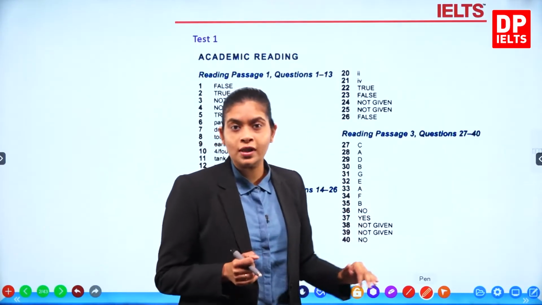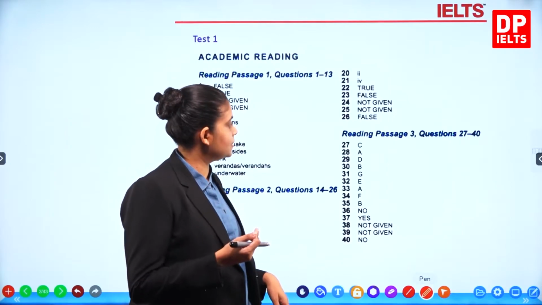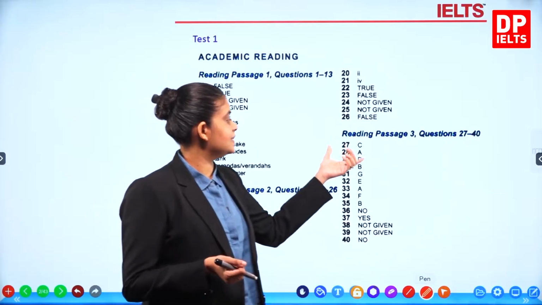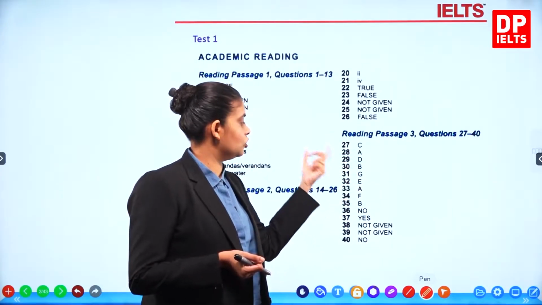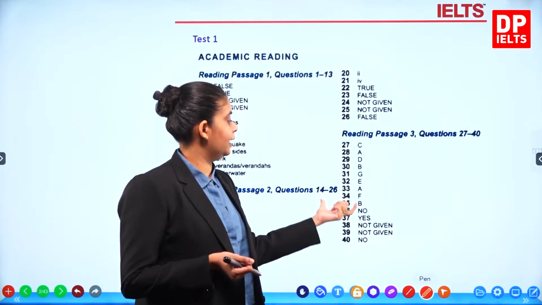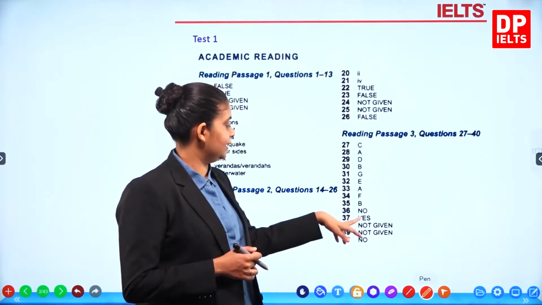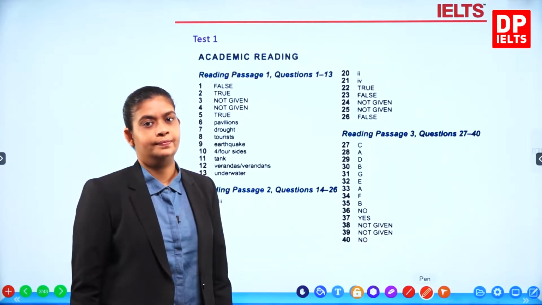True, false, not given, false. Then passage 3, you have C, A, D, B, G, E, A, F, B. No, yes, not given, and no.